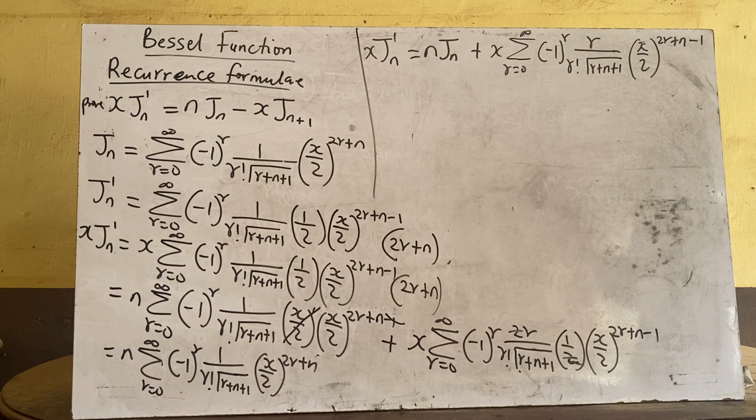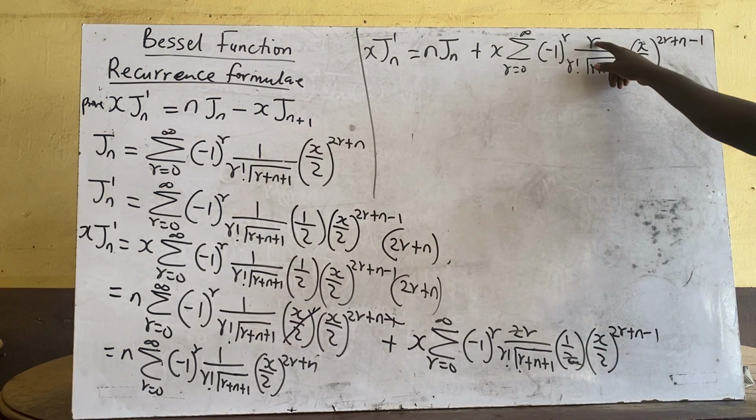Okay? So having this thing, the next thing we're going to say is let us put r minus 1 to be equal to s. Any problem here? Okay. Now, first of all, let us find a way to cancel this r.